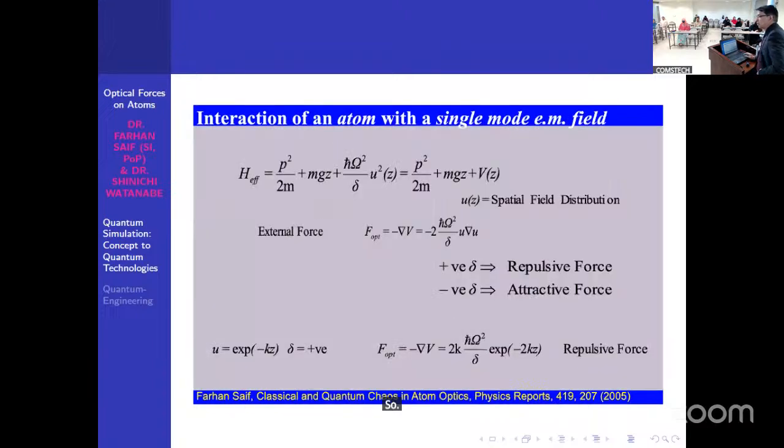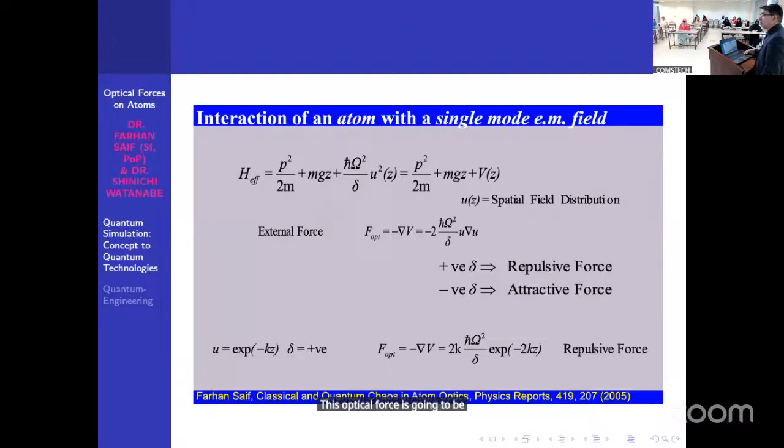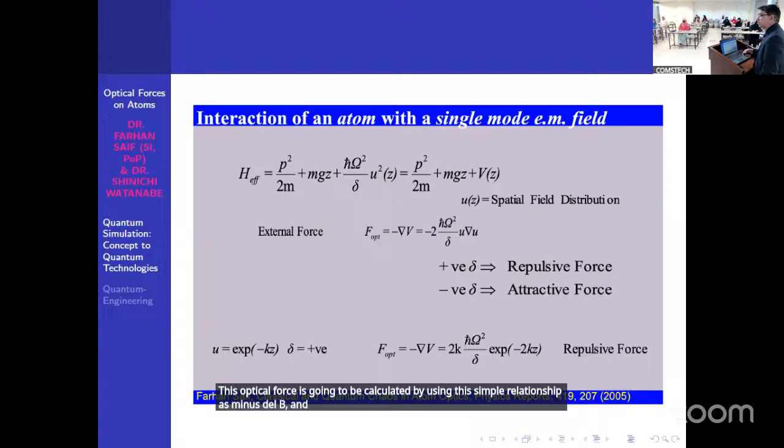So without worrying about that, we notice that, okay, gravity is also taken care of here. This optical force is going to be calculated using this simple relationship as minus del V. And this gives us a very simple relation. This delta is the detuning.